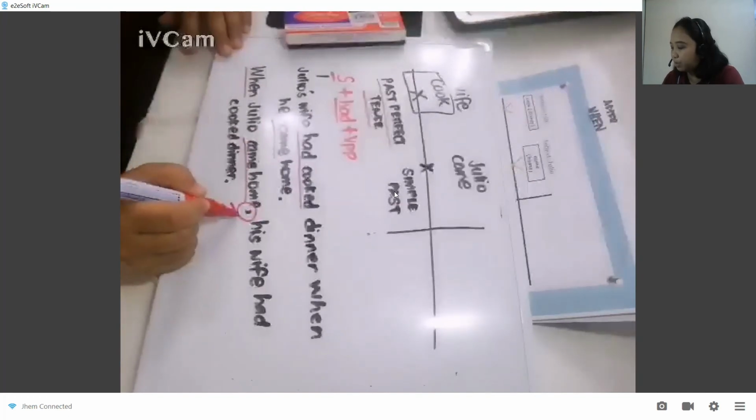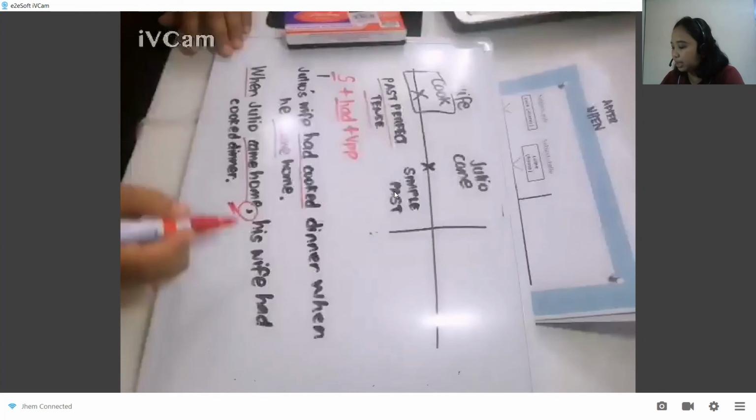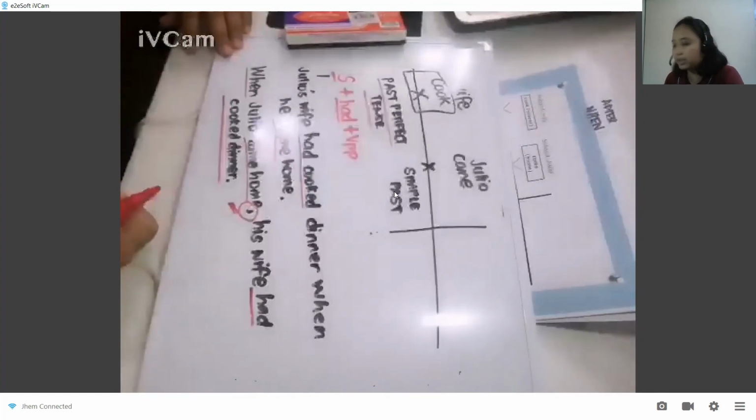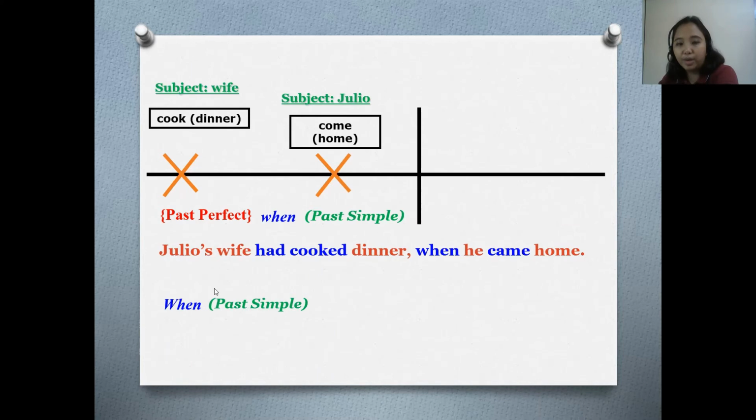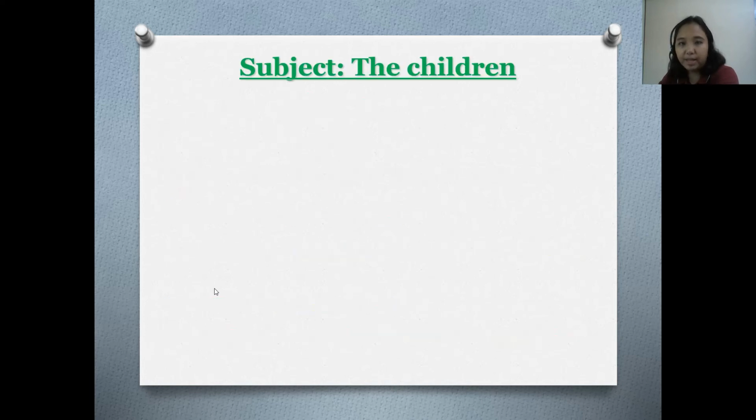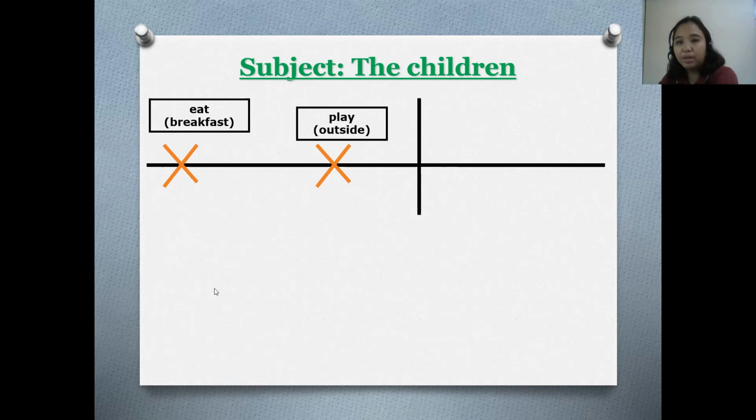Don't forget to make use of the comma and then the second clause, which is in the past perfect form, had cooked dinner. So Julio's wife had cooked dinner when he came home. When Julio came home, his wife had already cooked dinner. You can also use the word already to emphasize that the first action was already accomplished or completed before the second action.